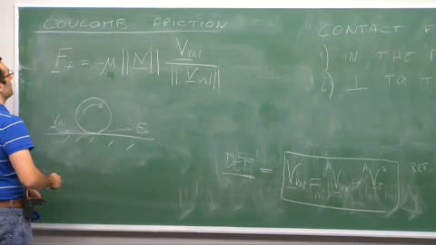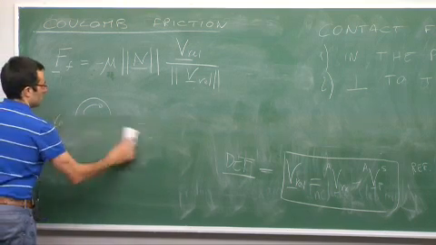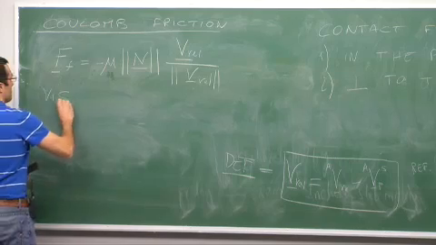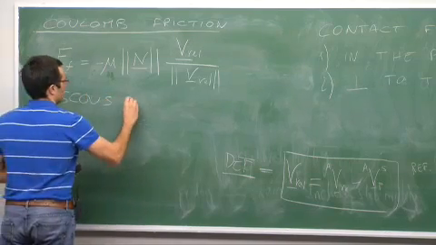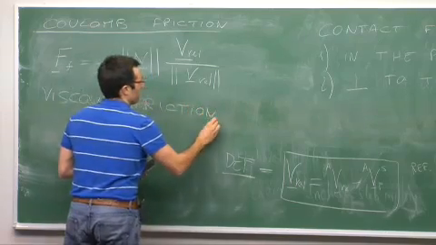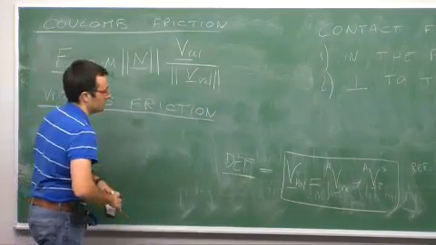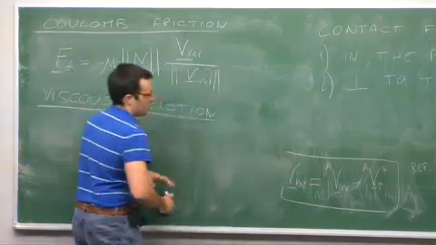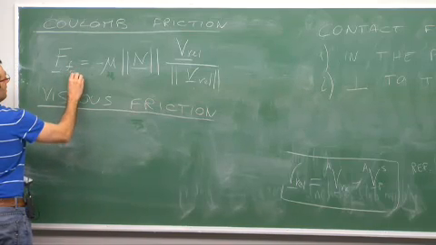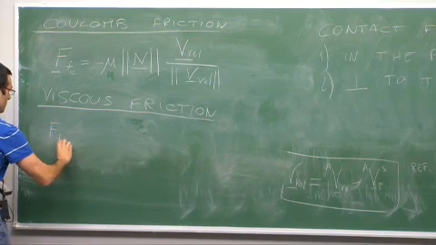The second model that we're going to see, I don't think we need these anymore, is called viscous friction. And that was usually associated with drag forces, for example, when you talk about airplanes or flying vehicles. It's a simpler model. So let's call this force of friction Coulomb, and this force of friction viscous.